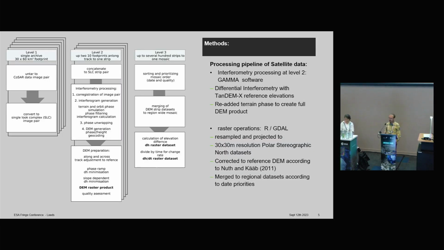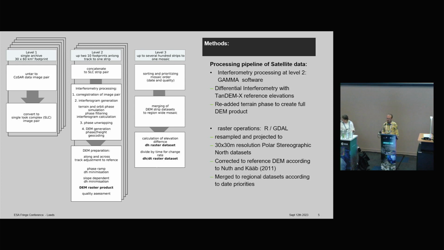But first of all, let's start with the processing method from the very beginning. At first we have about 11,000 image pairs from the archive, which we process and sort in along-track direction into longer strips, which is easier for us to process. Then we do the interferometry processing, for which we use GAMMA software.